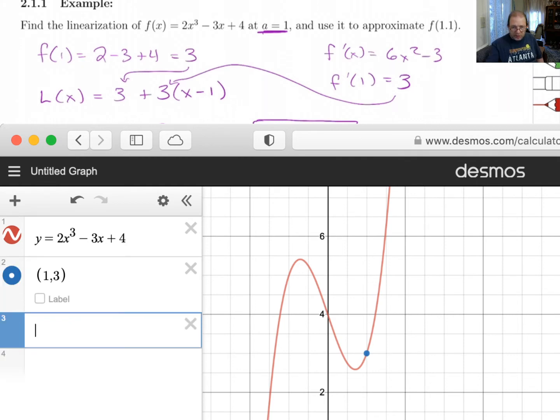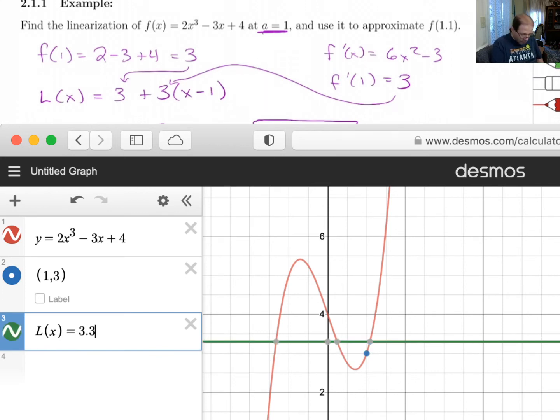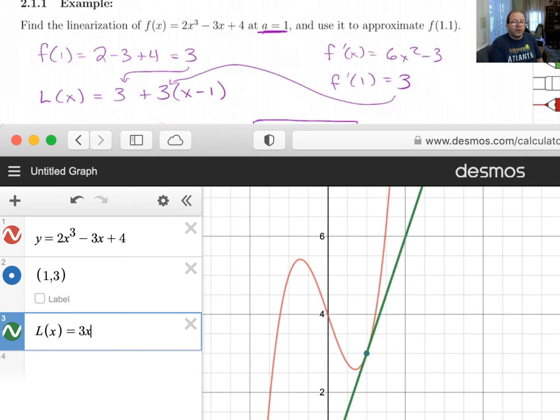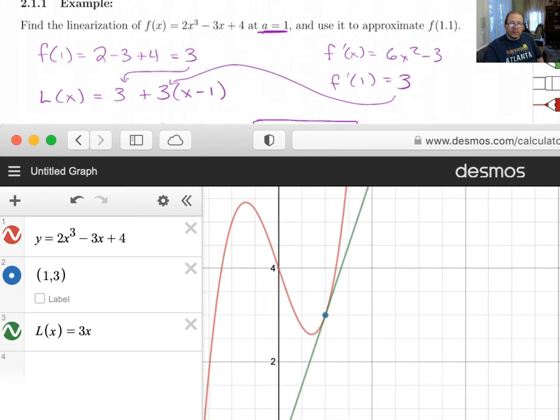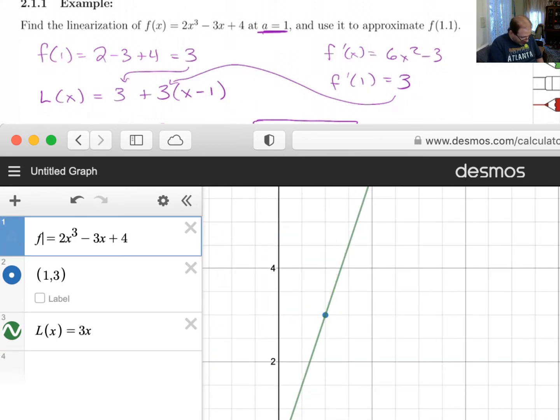So this linearization, L of x, is, what did we come up with, 3.3x? No, just 3x. Yeah, so sure enough, that's the tangent right through there. I'm going to come back up here and change this to f of x.